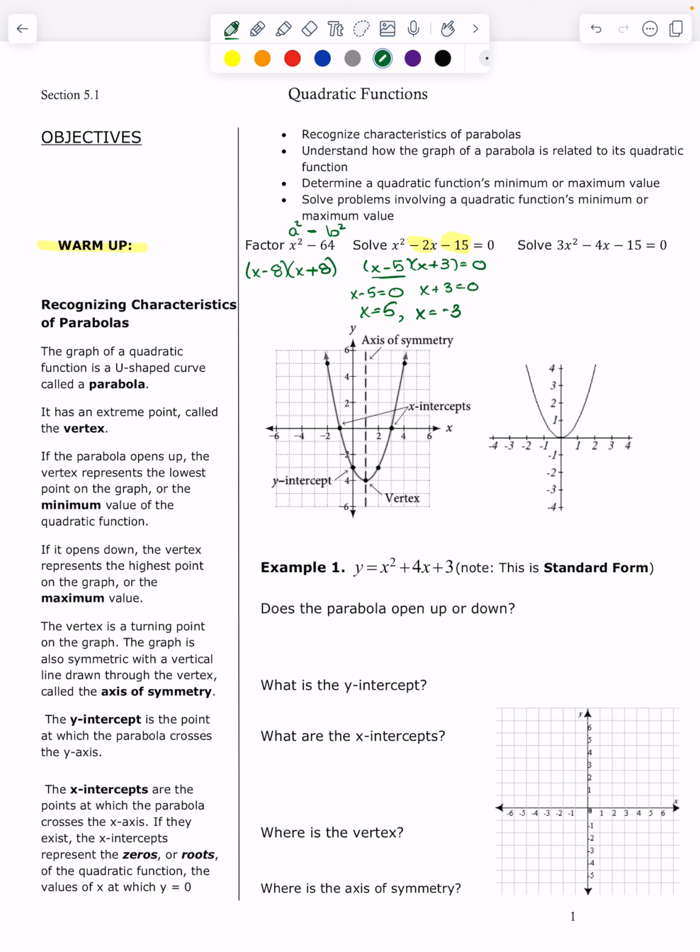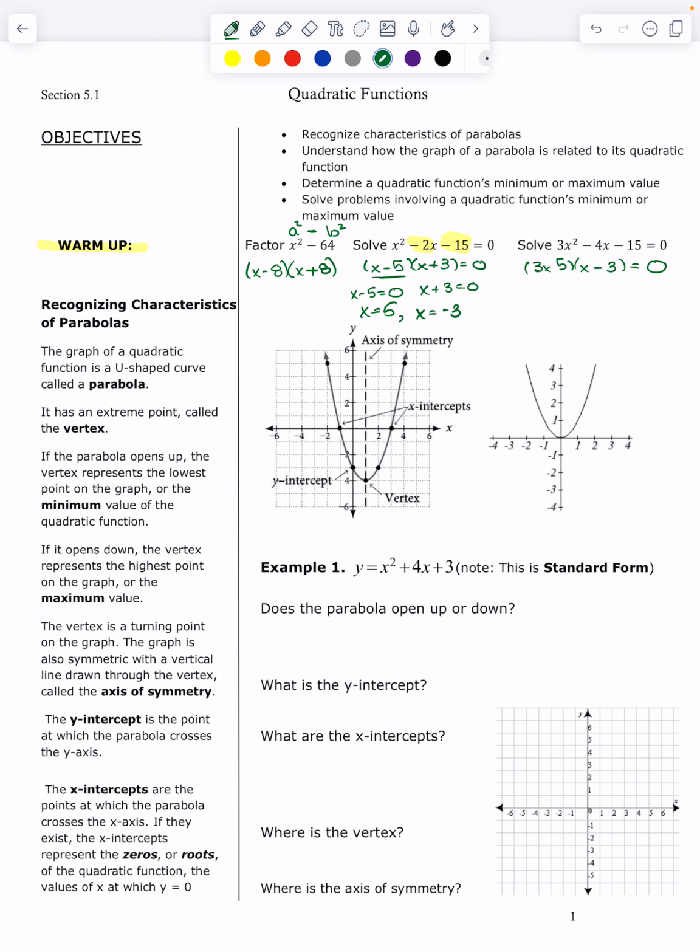This last one is not as straightforward, but the only way to multiply and get 3x squared is 3x times x. And so now I'm figuring out how I can break up 15 so that I get two numbers that I can combine to get negative 4x.